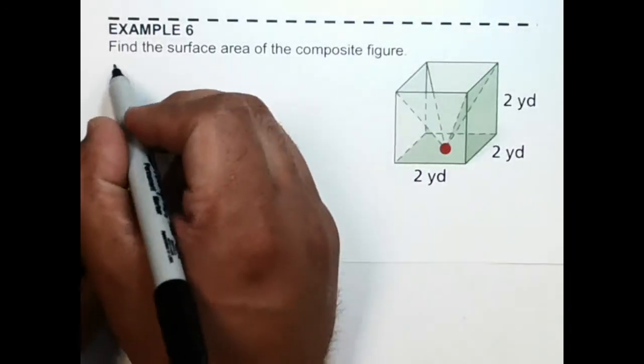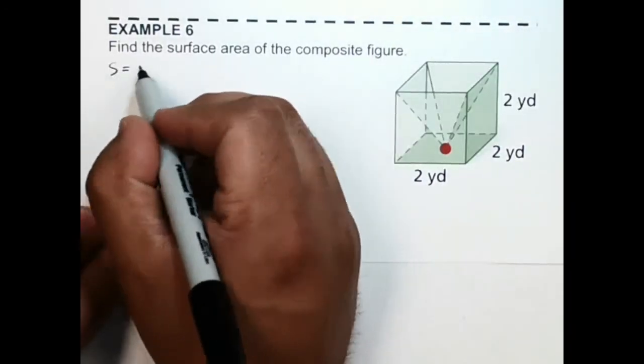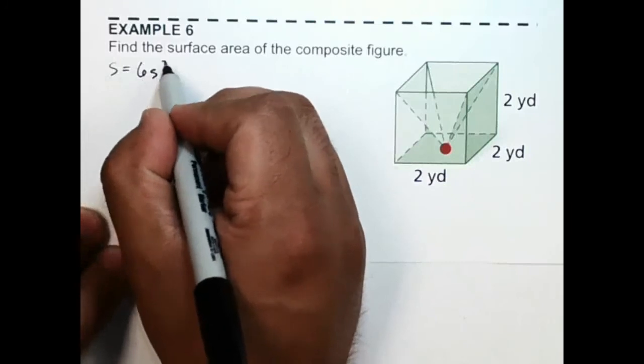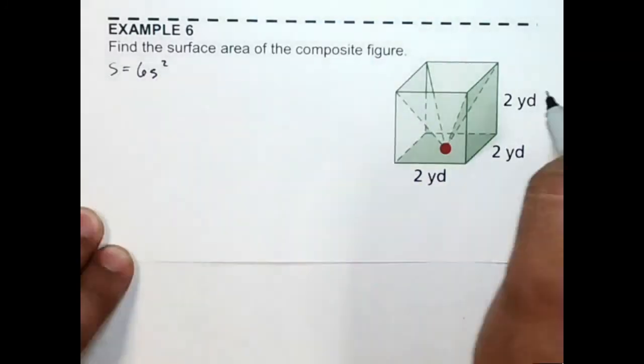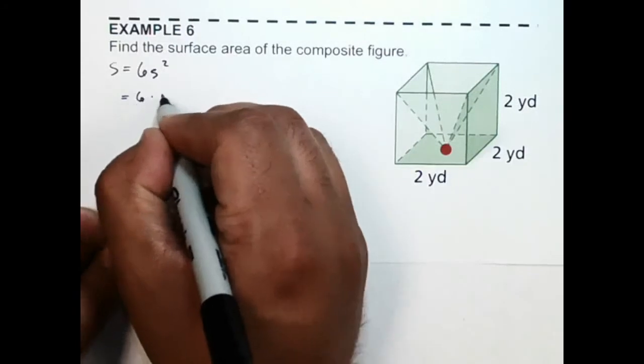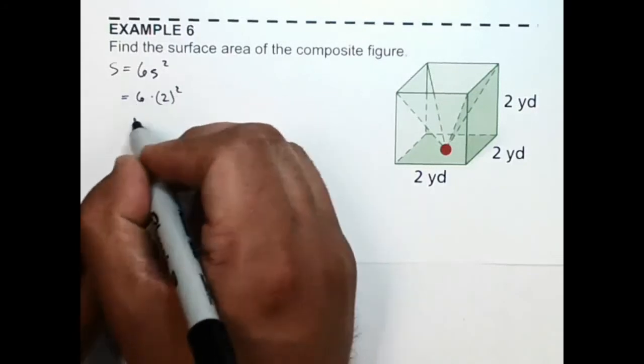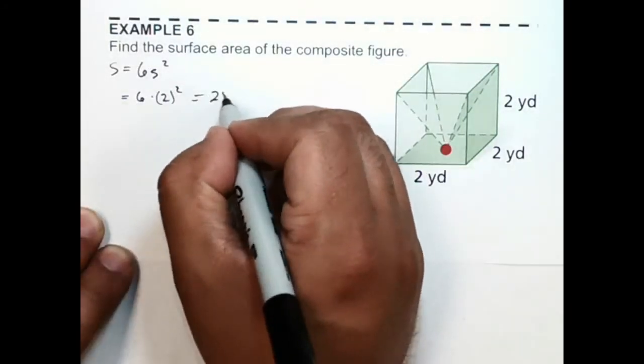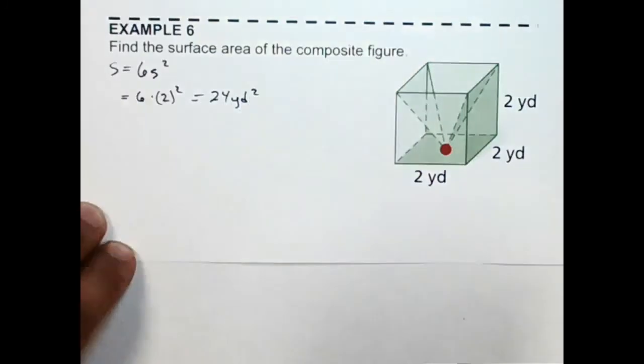From the previous lesson, that was equal to 6 times the side squared. My sides are 2, so that's 6 times 2 squared, which comes out to be 24 yards squared.